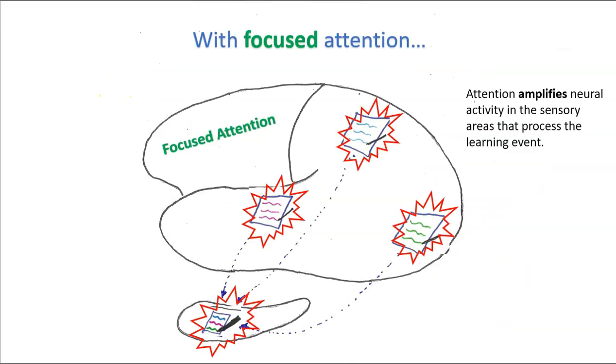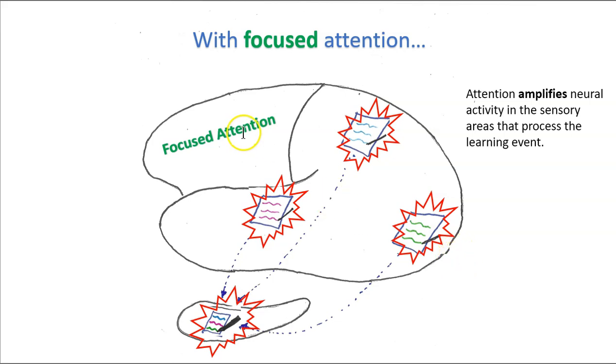Using our brain diagram here, attention is amplifying neural activity in the sensory areas that process the learning event. So there are frontal cortex attention systems, and they really send physical signals along axons, right? Electrical signals back to the areas of the brain that are processing whatever we're attending to.